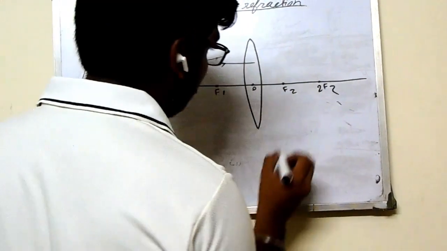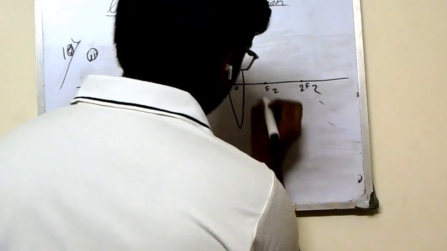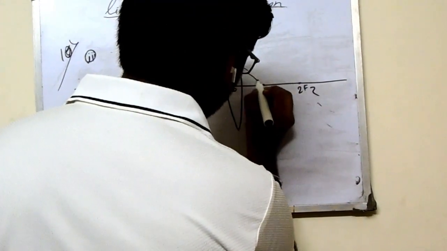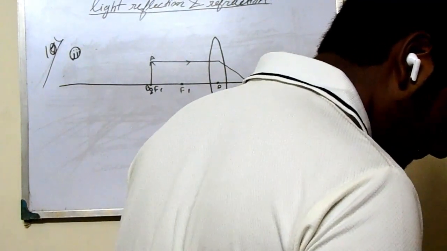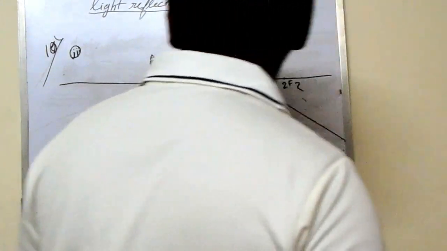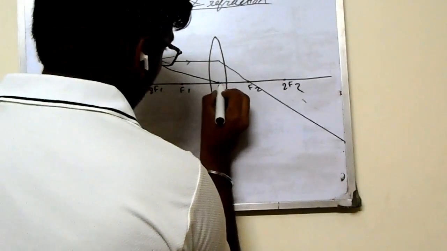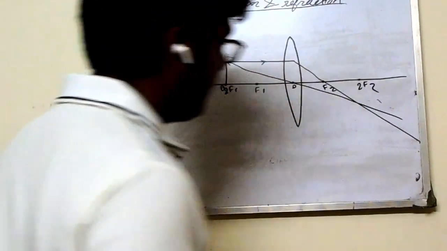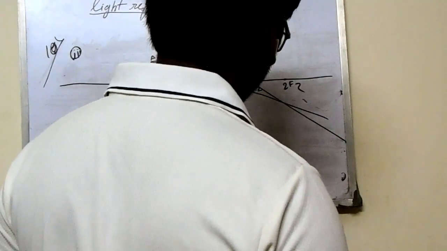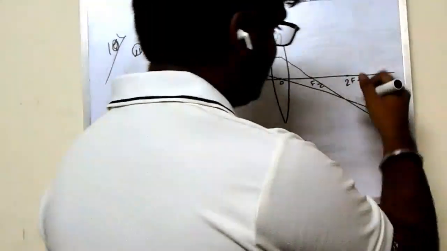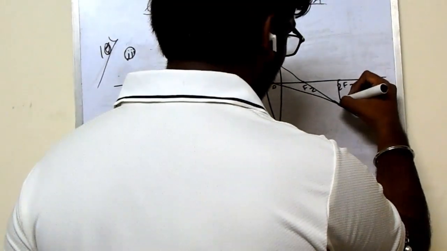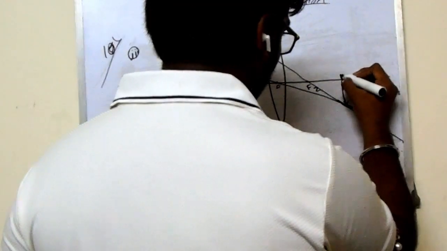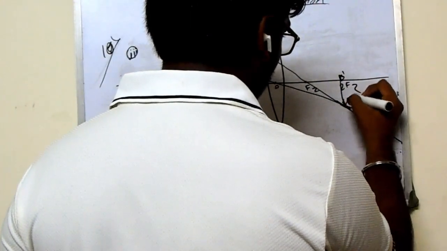Incident ray, the refracted. Where the image is forming, B dash, A dash.